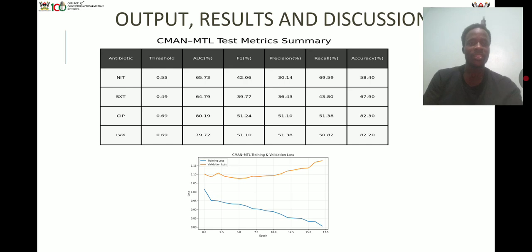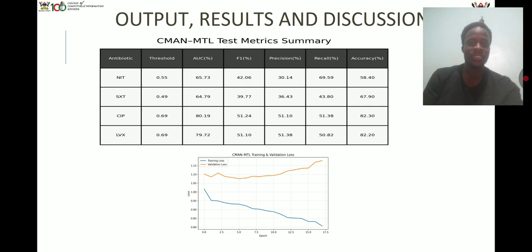Then on my next slide, from the inference layer we have the cross-model attention network MTL test metric summary, and this was our first supervised learning model, which shows the following results displayed on the screen. It has an accuracy of 58 for the NIT antibiotic.